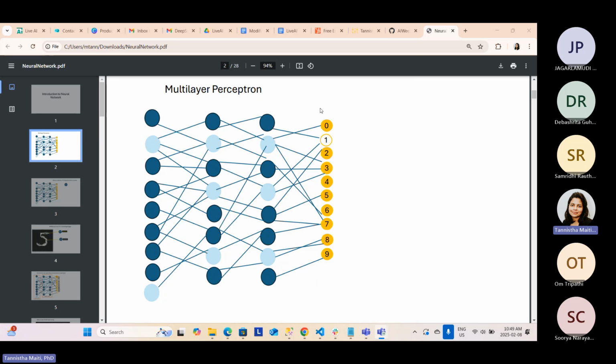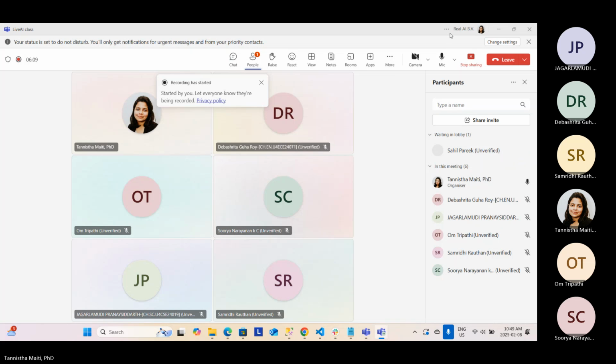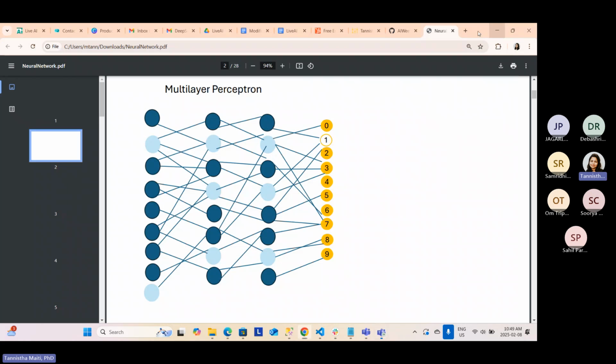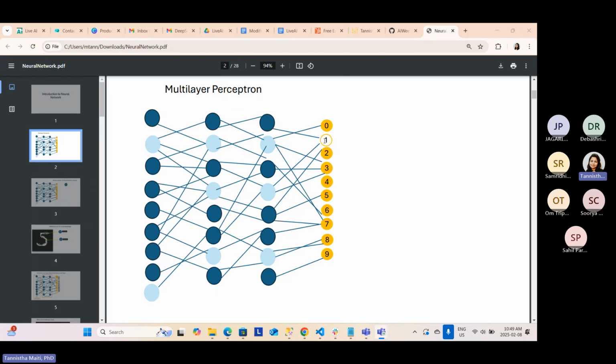Based on your probability value, you are going to identify if it's a yes or no kind of problem, or a multi-class classification problem, or a segmentation problem. Segmentation is still beyond the multi-layer perceptron's domain, but there are segmentation problems as well.